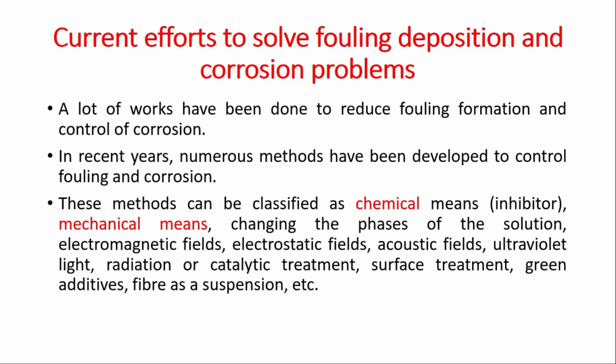The methods can be classified as chemical means, for example inhibitors, or mechanical means, or by changing the phases of the solution, such as for example electromagnetic fields, electrostatic fields, acoustic fields. There are different catalytic treatments or surface treatments. Ultimately there are many ways to minimize the deposition of unwanted material at the inner surfaces of the heat exchanger.